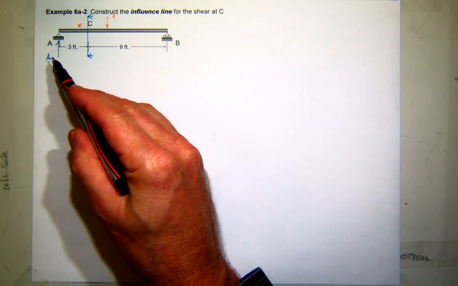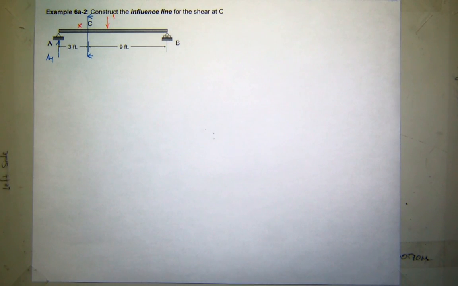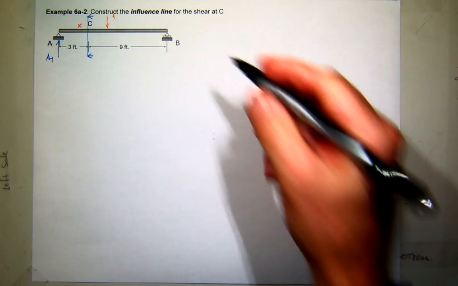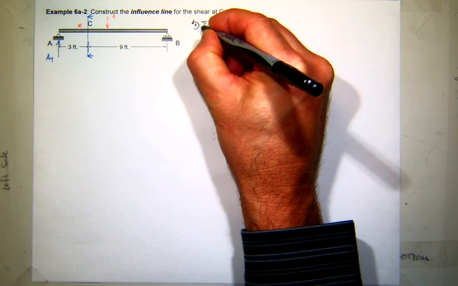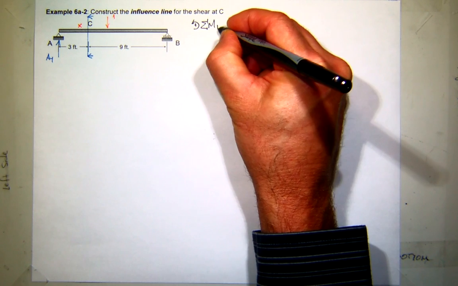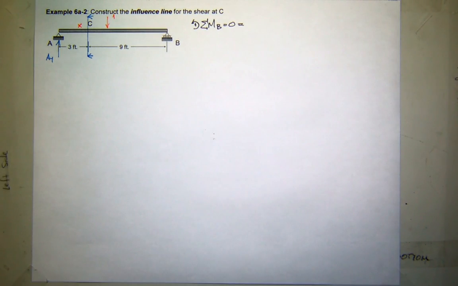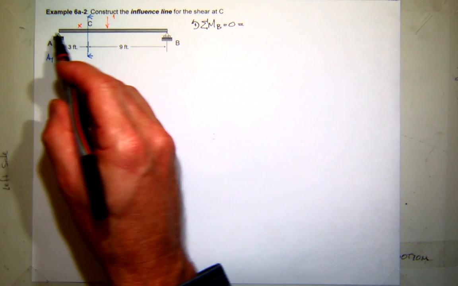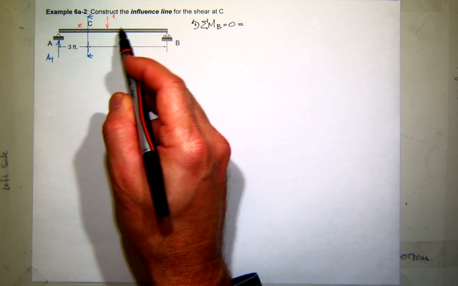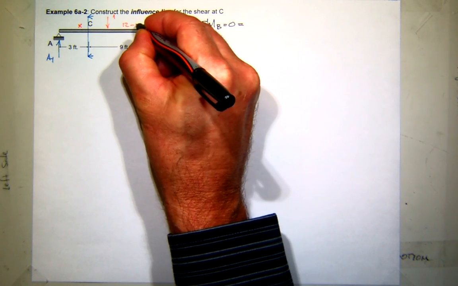Well, I have two unknowns, right? There's AY and BY. I need to sum moments about B. What do I get? Well, my unit load, what's the distance from B to the unit load? I know x is from A to there, so this distance should be 12 minus x.